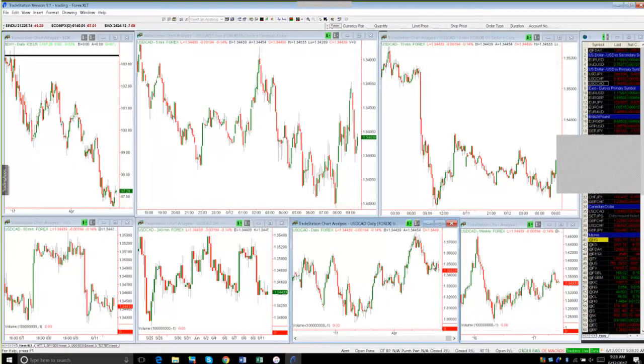When price is in a range, I don't really have any interest in trading inside that range, because by definition, you can never have a big supply-demand imbalance inside a range. Okay? You can't. If you did, you wouldn't be in a range.